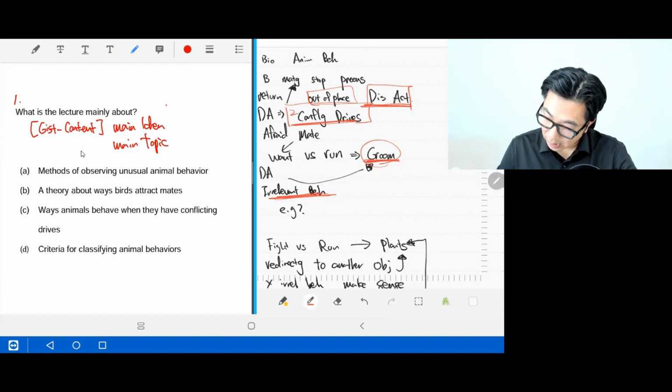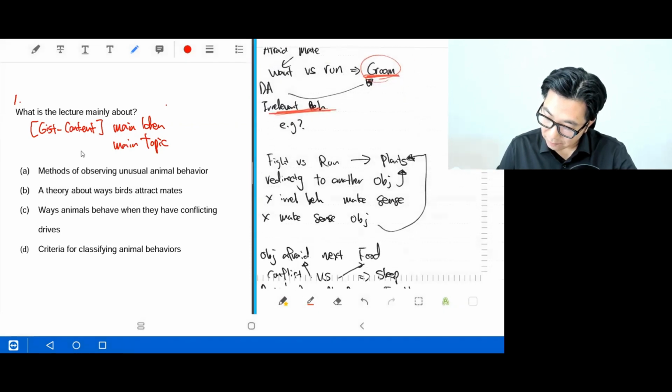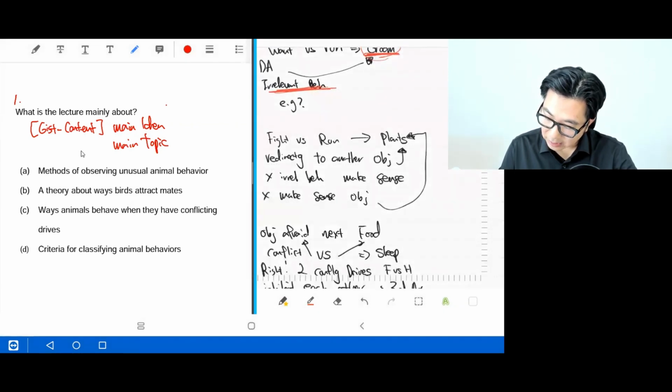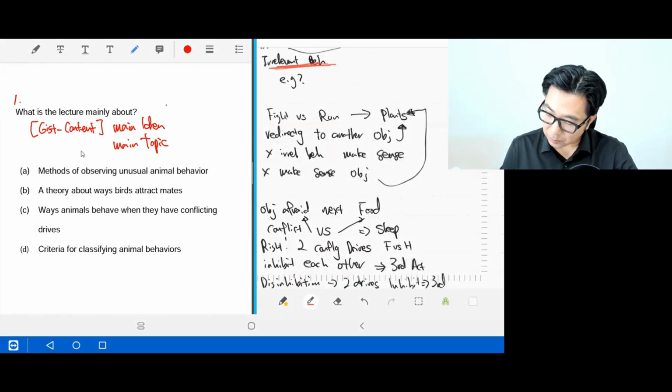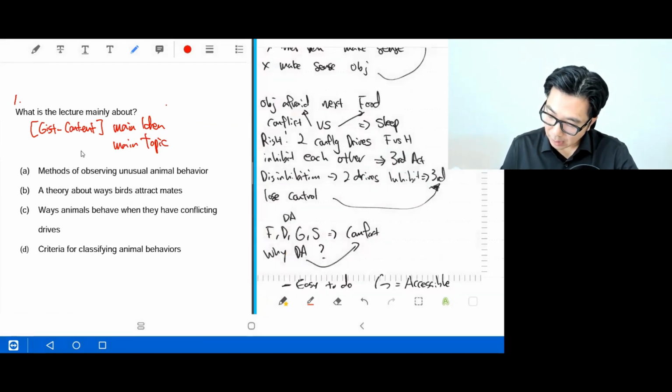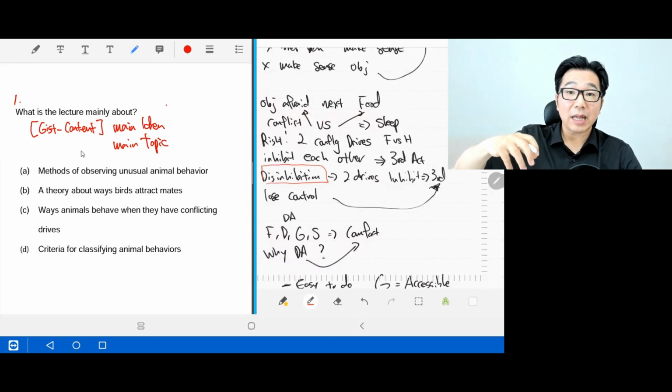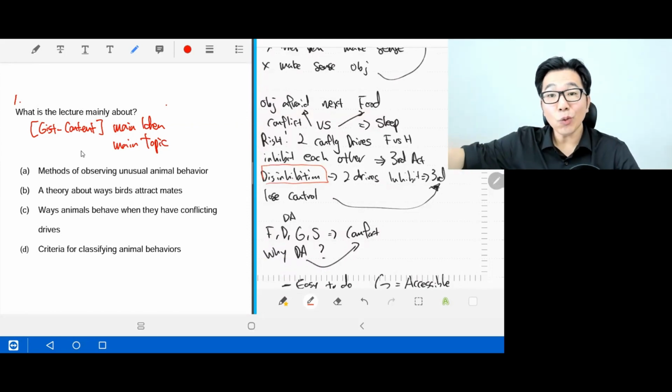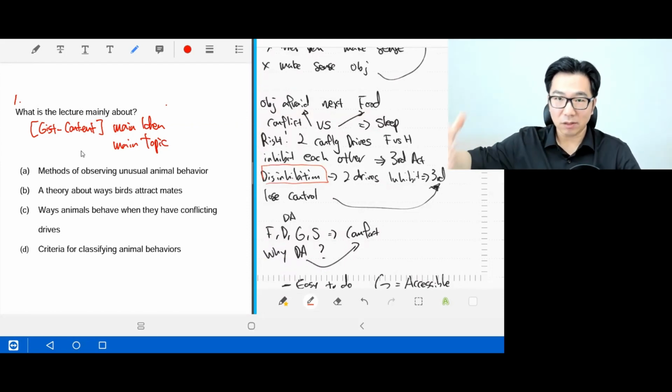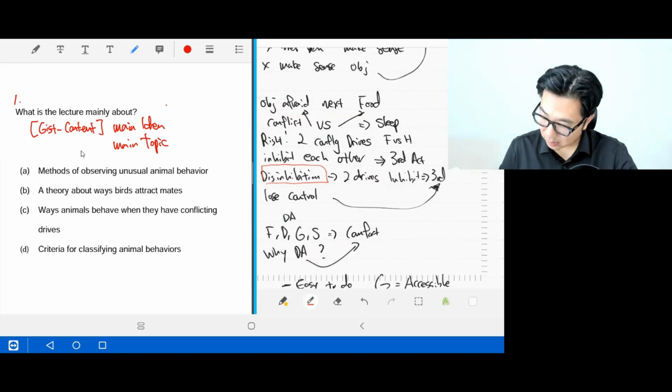And it continues in the second paragraph. Professor asks students to give another example of displacement activities. And then professor explained inhibition, which is a process that leads to displacement activity. So we're still talking about displacement activity as a main topic.